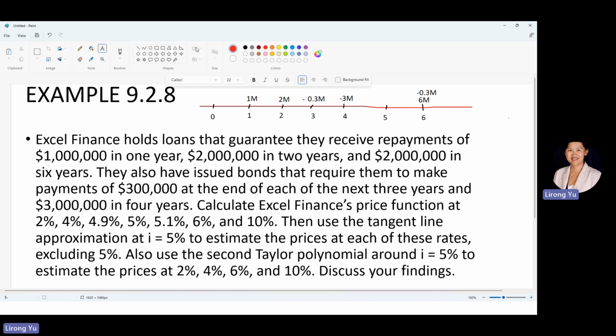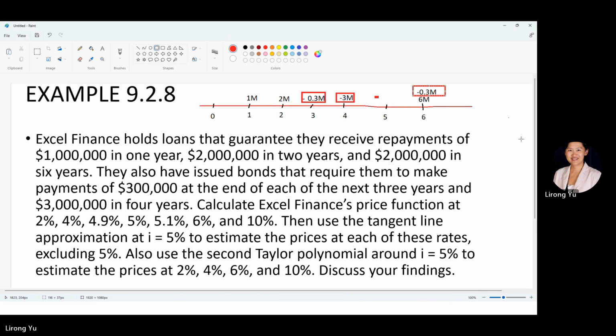These are negative cash flow, at the end of each of the next 3 years.